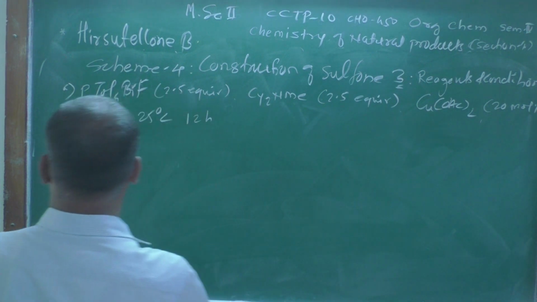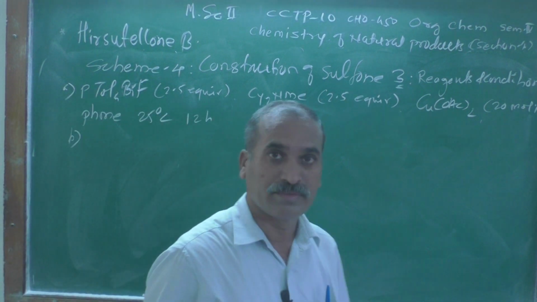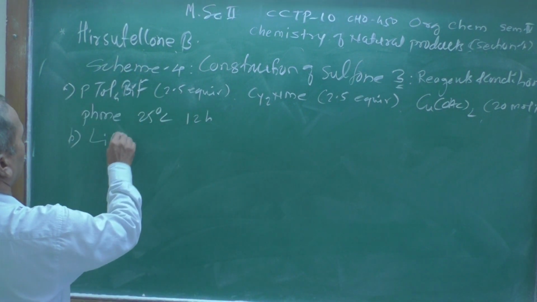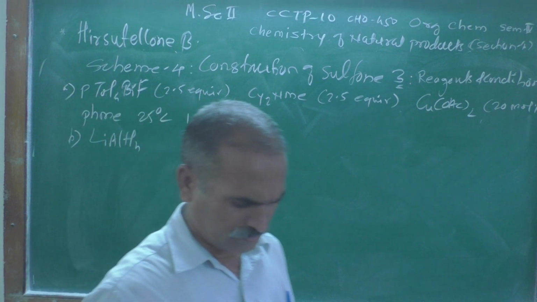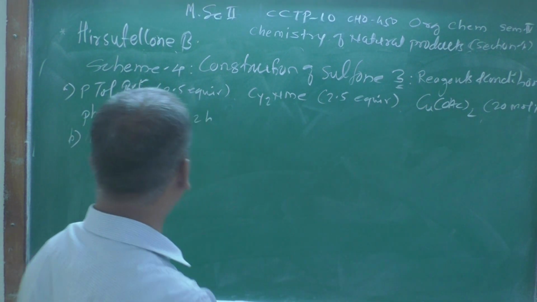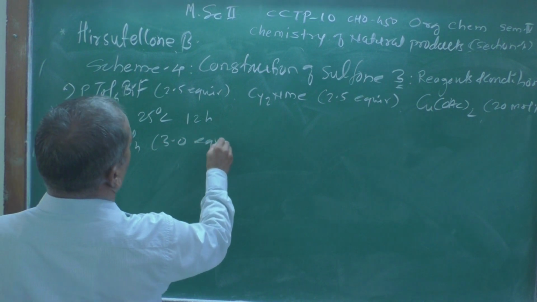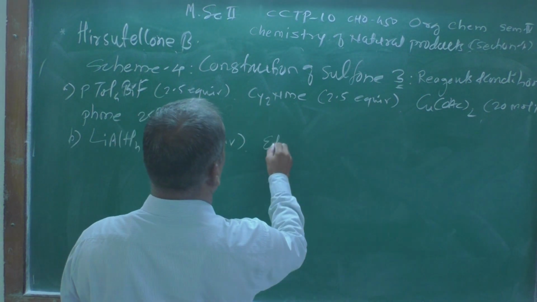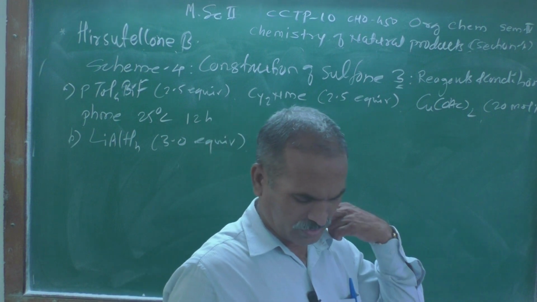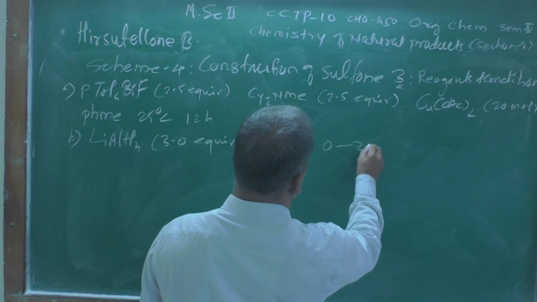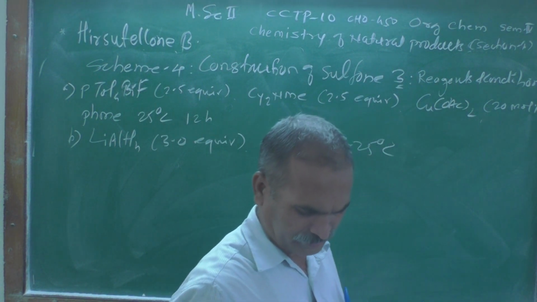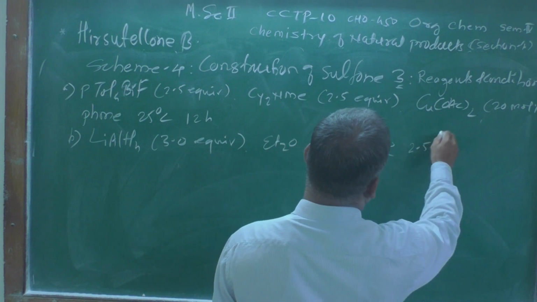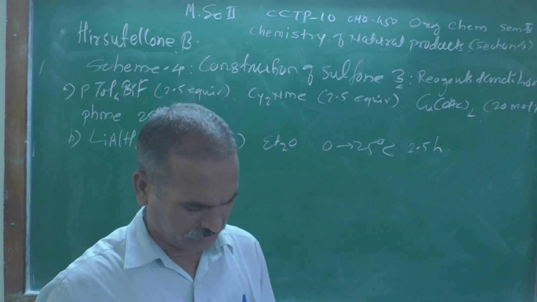And the B reagent used during this synthesis is lithium aluminum hydride, 3.0 equivalent, and diethyl ether is used as the solvent, and the temperature is kept at 0 to 25 degrees centigrade, stirred for 2.5 hours.